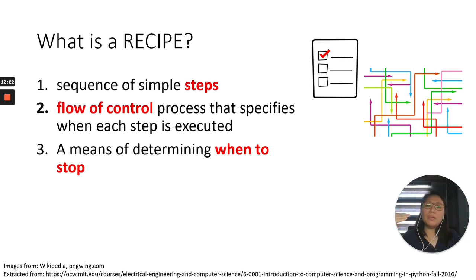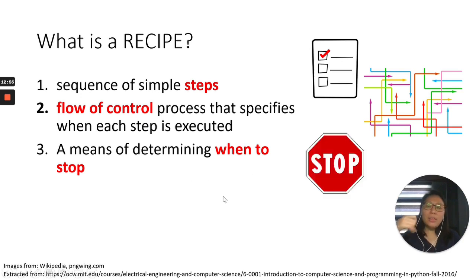And at some point there were steps that we repeated. So we continuously do some steps until we decide that g times g is close enough to the given value of x.